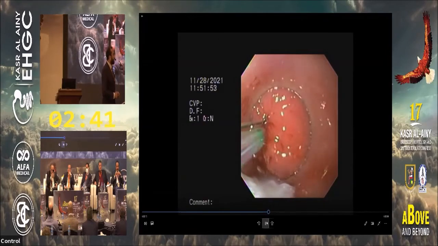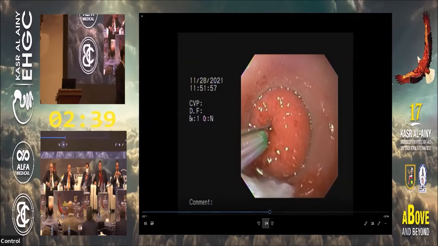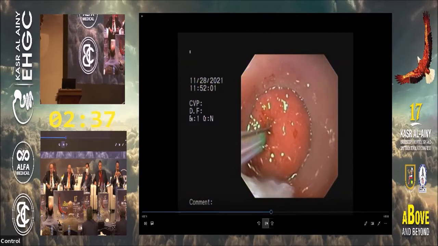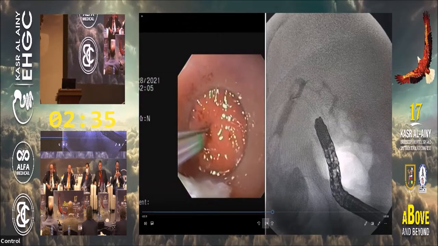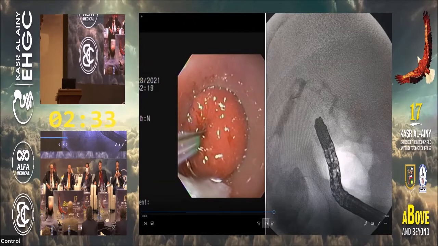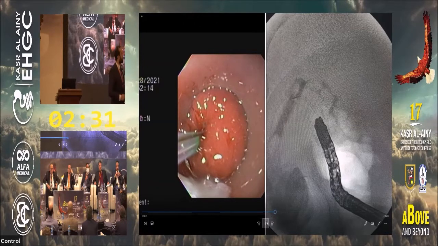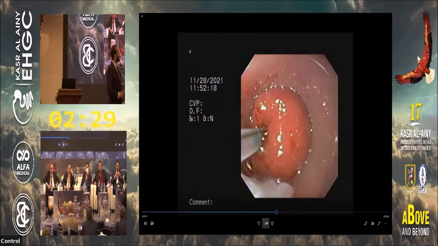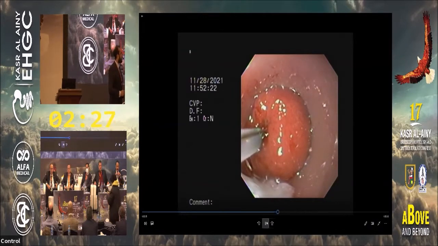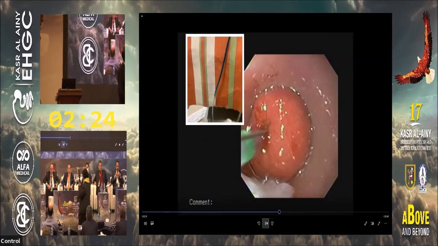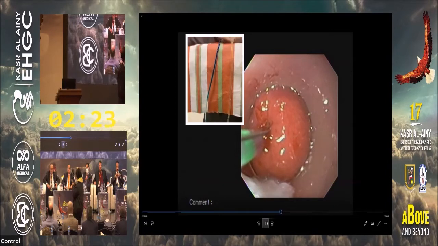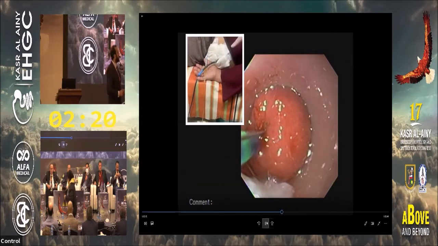We did cannulation of the fistula tract, and dye injection proved a high flow, wide fistula tract like that. We also injected methylene blue stained saline to prove the high flow of this fistula tract.